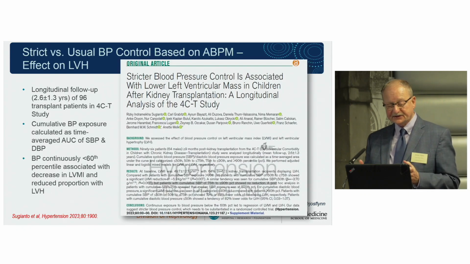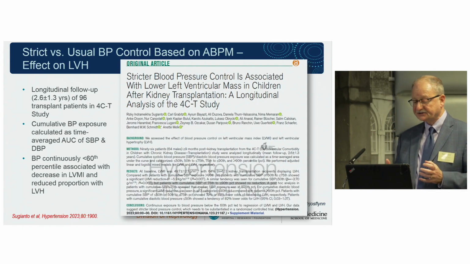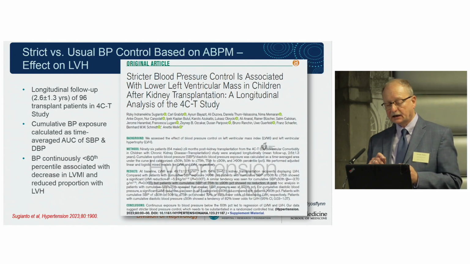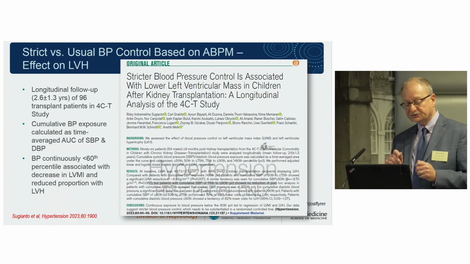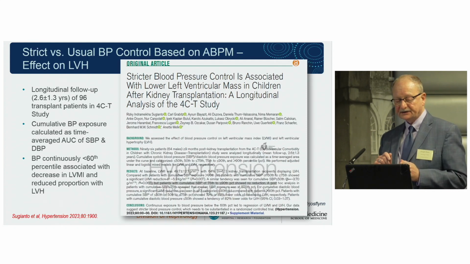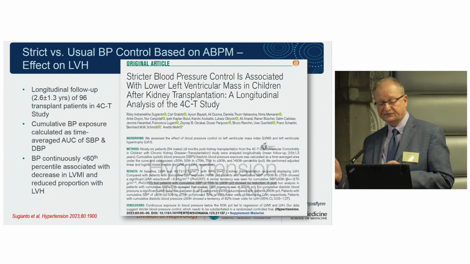And the same thing was seen recently in a study from the 4C group, where they looked at kidney transplant patients in the 4C study, with about 3 years of follow-up.